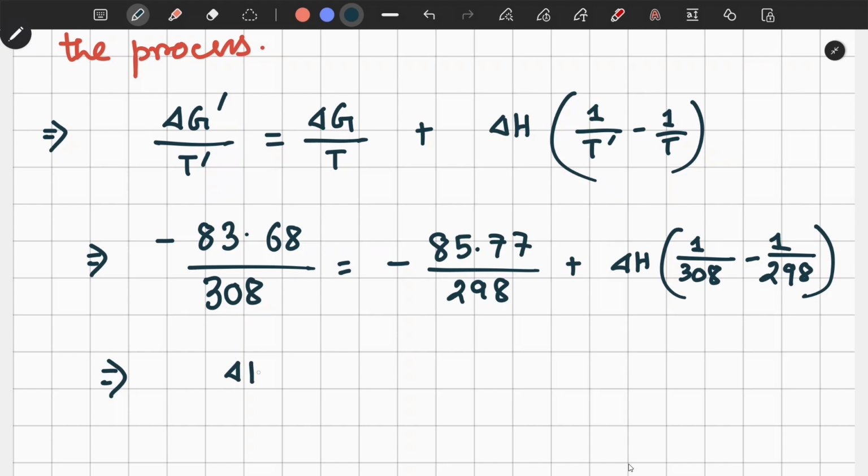So by solving this you can get the answer. Correct. So what will be the answer? Just let me do it. What is this value? Just show me the values. It is minus 0.2716.